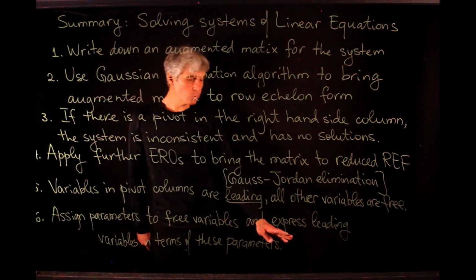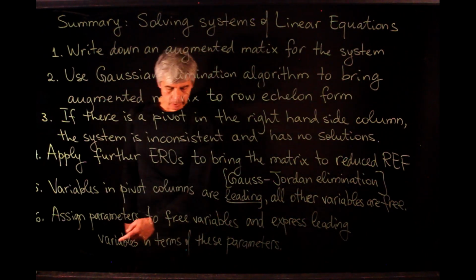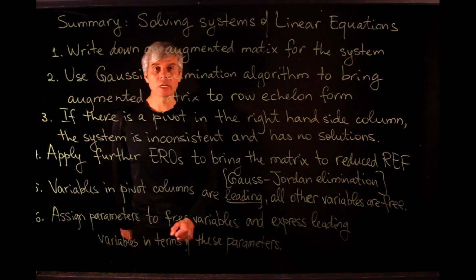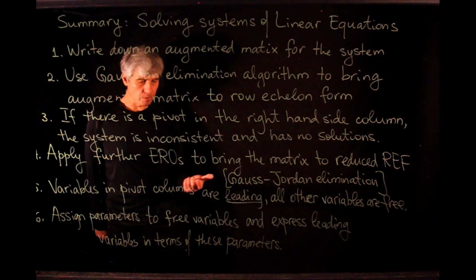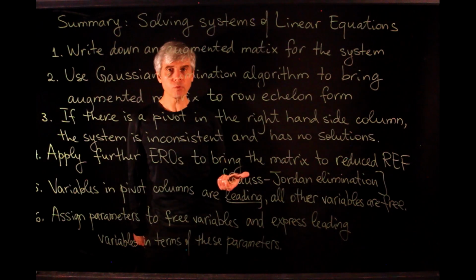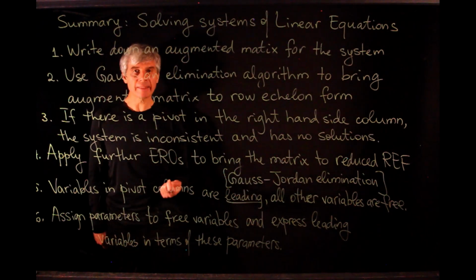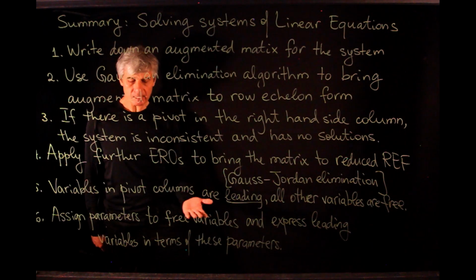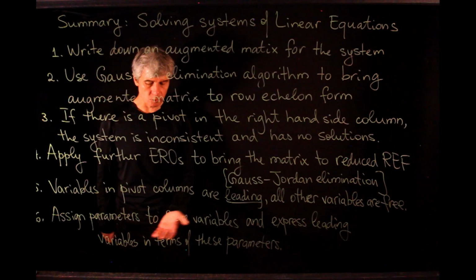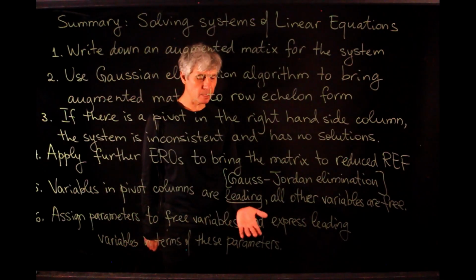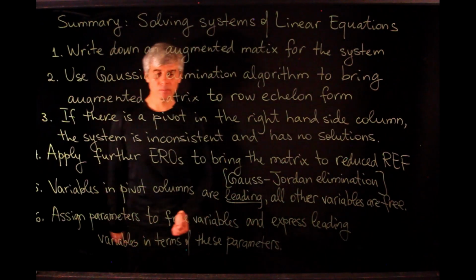In order to express leading variables in terms of the parameters, it is useful on the last step to take the matrix in reduced row echelon form and rewrite it again as a system of linear equations. From this system, it's easy to express leading variables in terms of free variables and thus in terms of the parameters.